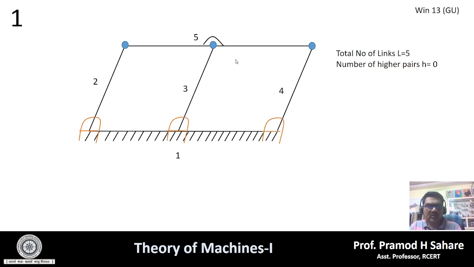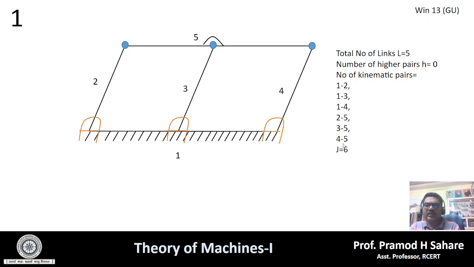If you go for the number of lower pairs, these are 1 to 2, then 1 to 3, then 1 to 4, then 2 to 5, then 3 to 5, then 4 to 5. So total kinematic pairs are 6.